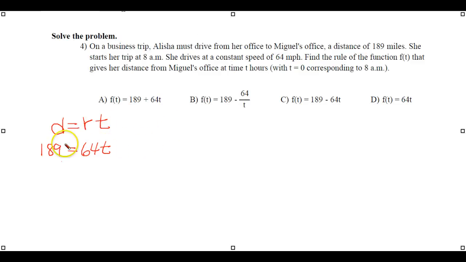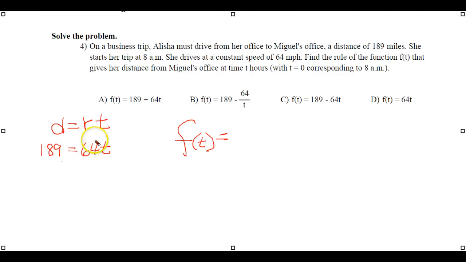Now we might look at this in a familiar way here on a business trip, and you might pause it to read it. So traditionally we would use the distance formula. Distance equals rate times time. So there's our distance. That is equal to rate times time. But they want this expressed in a function of time.